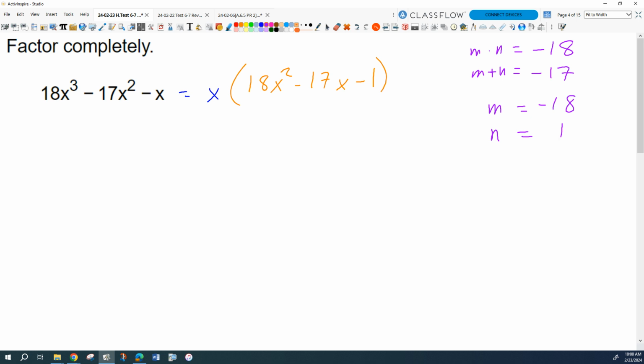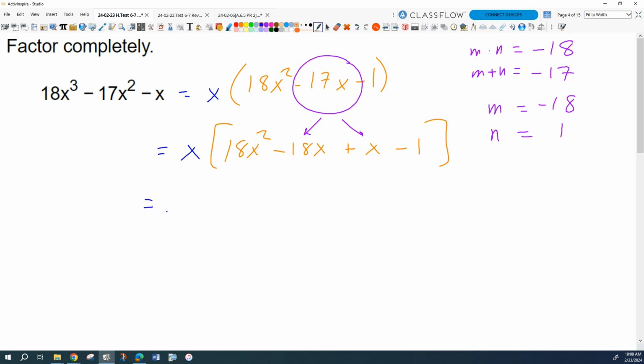Good. So we'll split this up, and we end up with, inside brackets, 18x squared minus 18x plus x minus 1. We've got our x out front. And now we would just factor that by grouping.